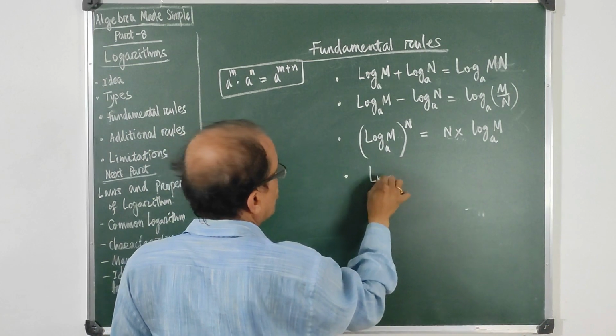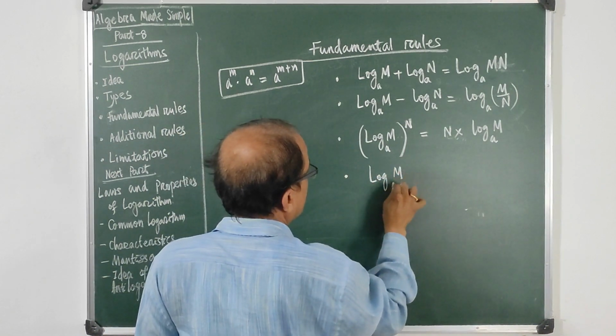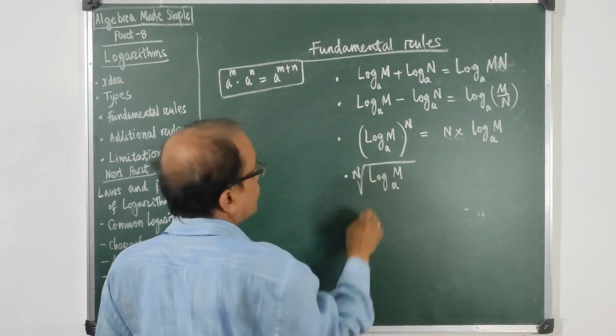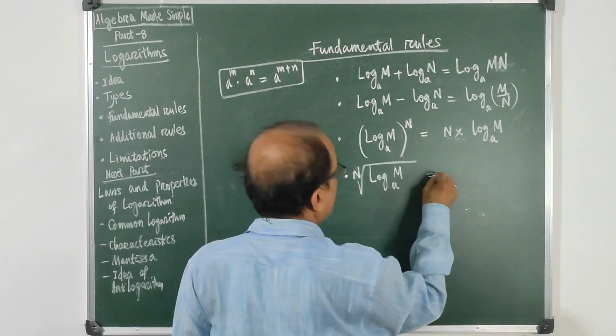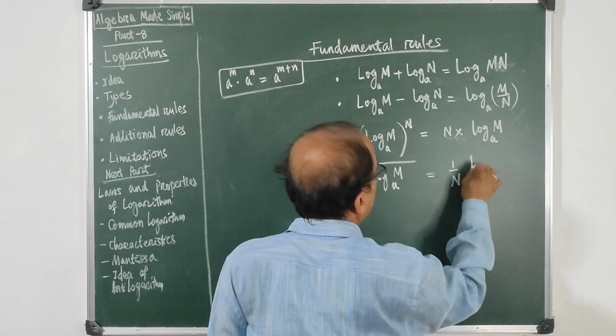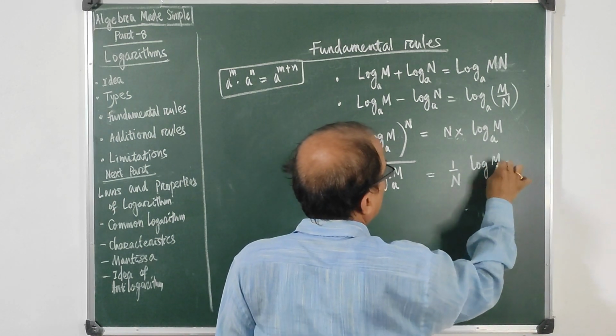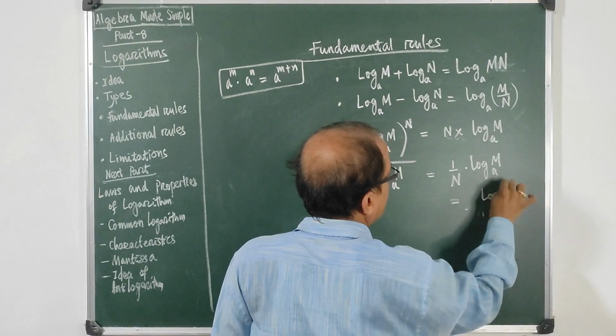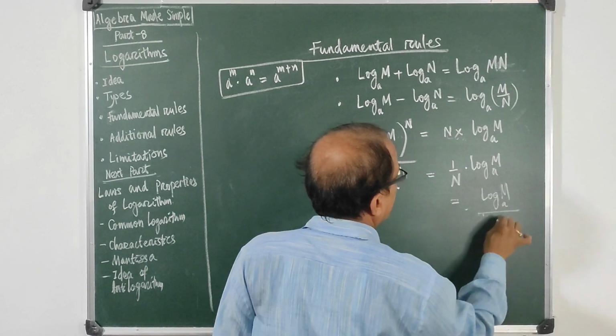Fourth rule, log of nth root of m to the base a will be 1 by n times log m to the base a, or log m to the base a divided by n.